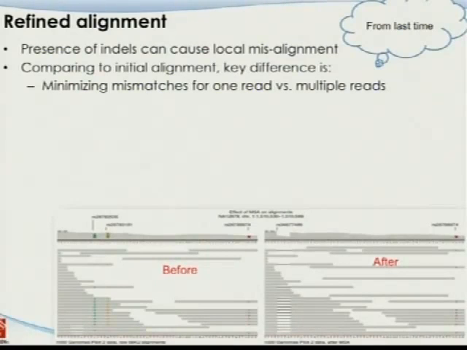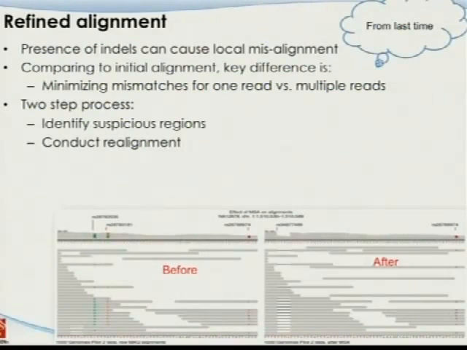Compared to the initial alignment, the key difference is that the initial alignment minimizes the mismatches for one read, whereas the refined alignment tries to minimize the mismatches across all the reads in this region. They have a pretty nice statistical model to take care of that.